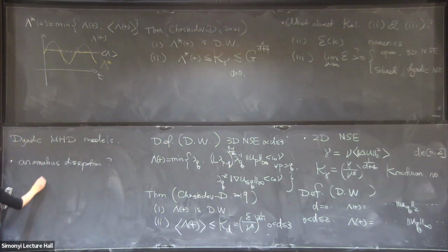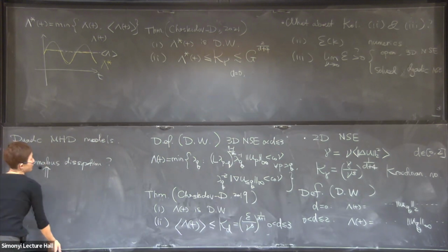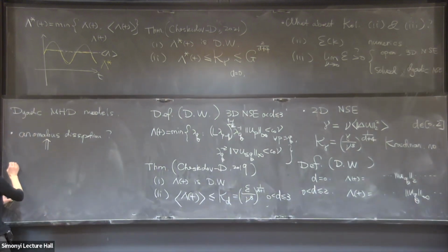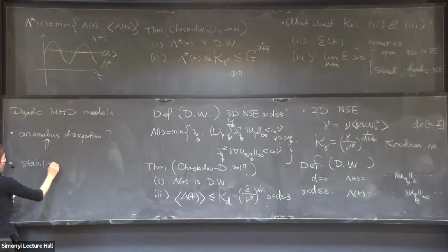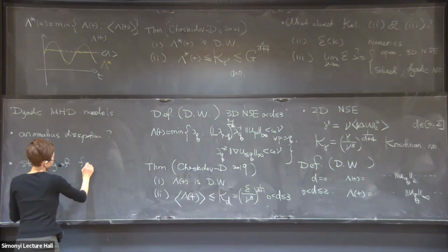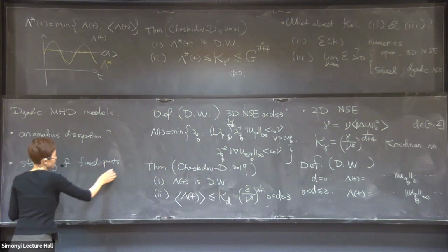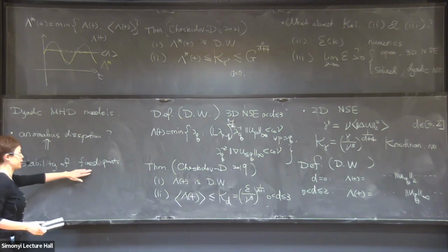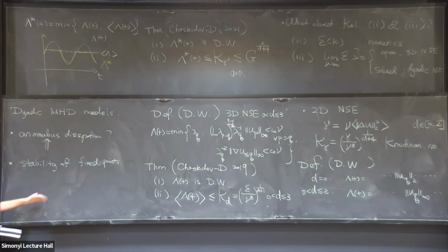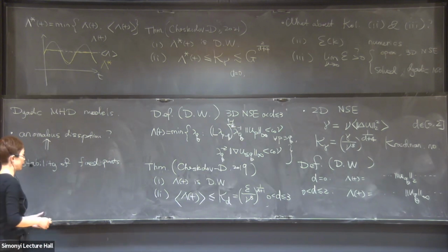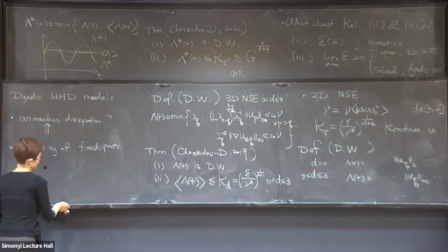Okay. And to have an answer to the problem here, we need a good understanding of the stability of fixed points. So we are able to find fixed points in the ideal case exactly, explicitly.